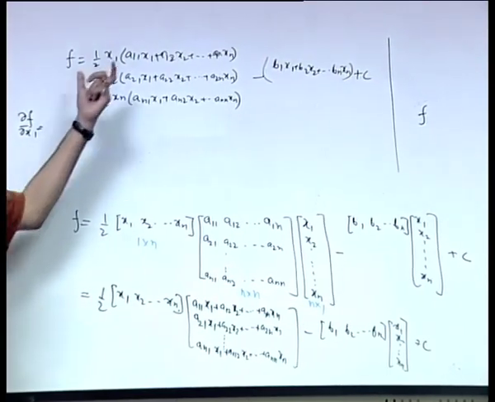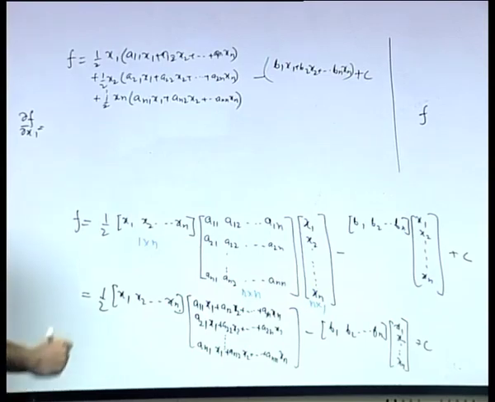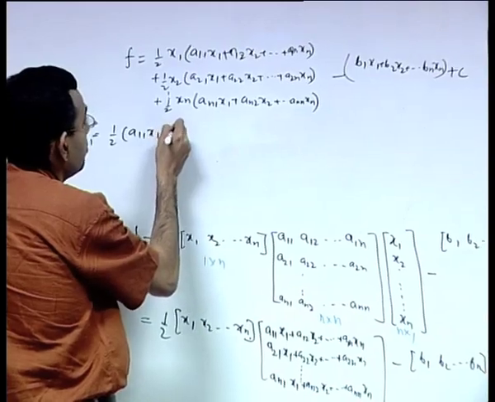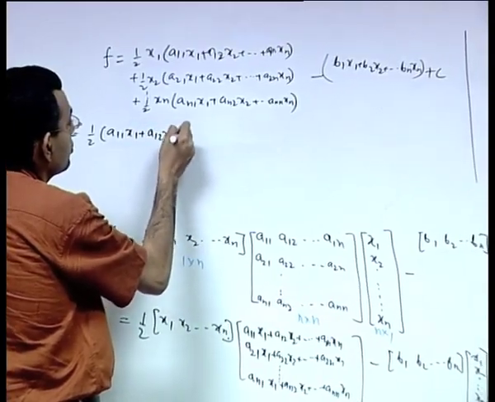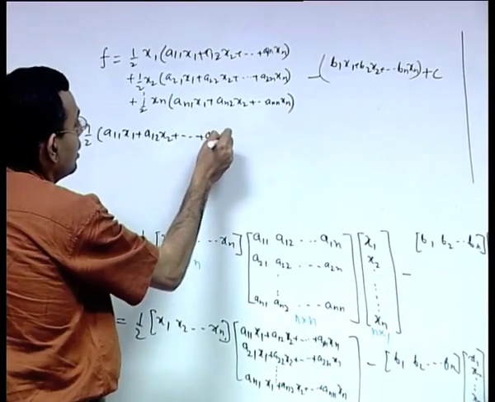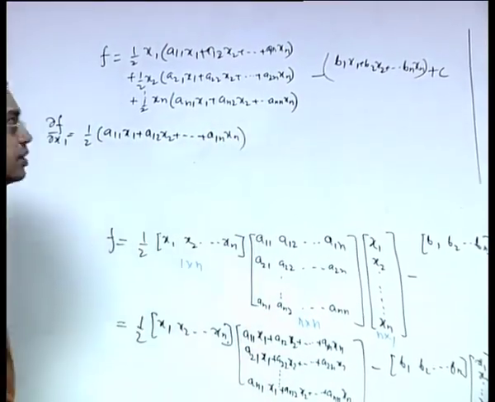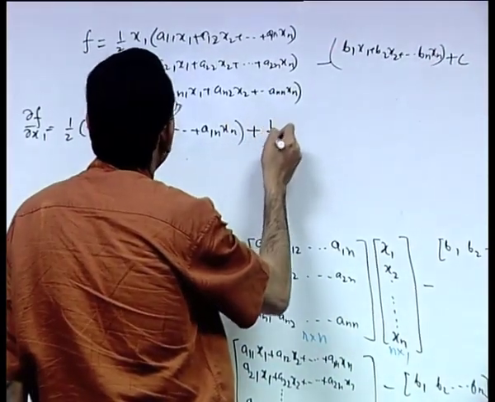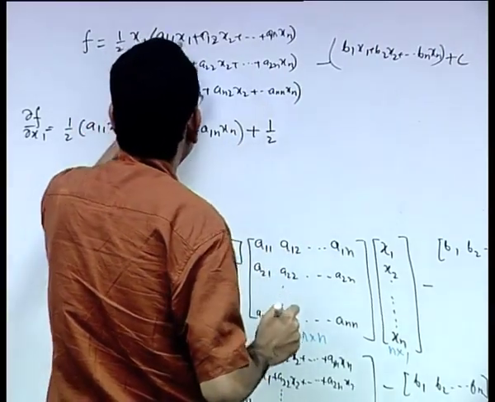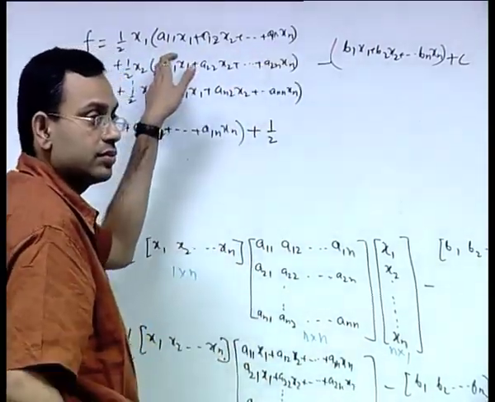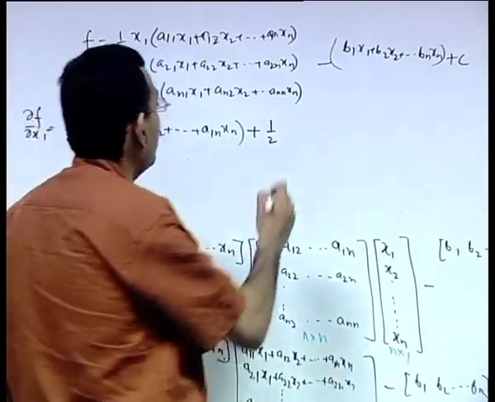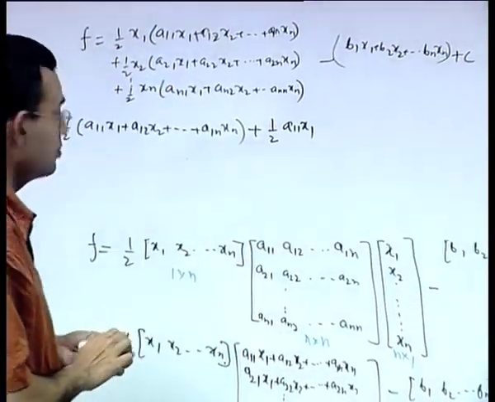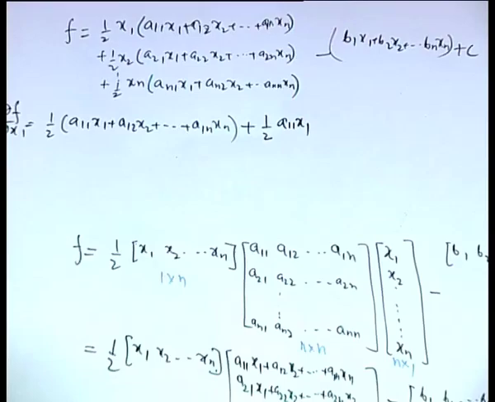So, for the first term you use the product rule. So, it is half into a11 x1 plus a12 x2 plus in this way a1n xn, then plus half x1 into the derivative of this term, a11. So, half a11 x1. From the next term, what will come out?